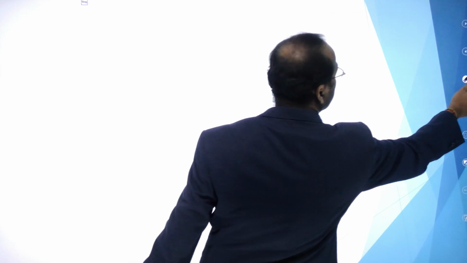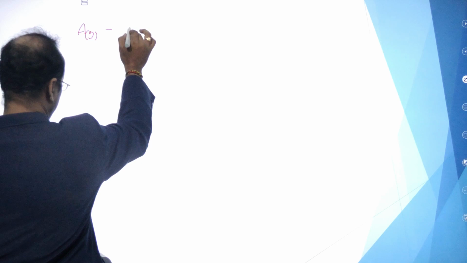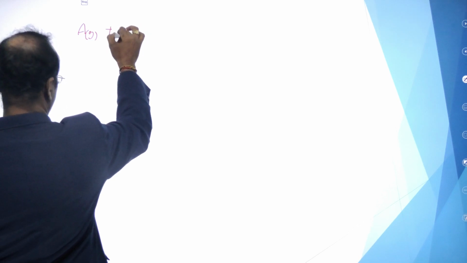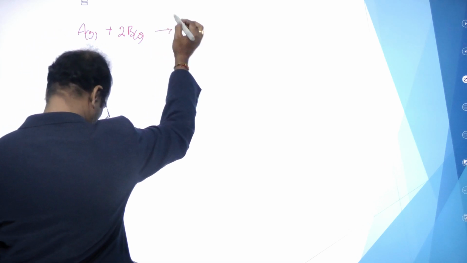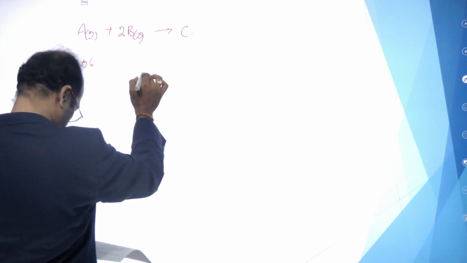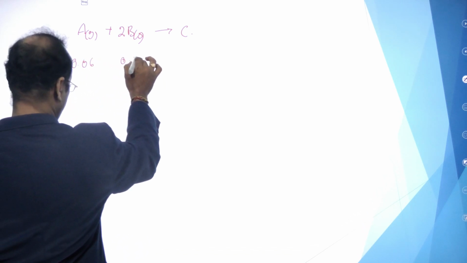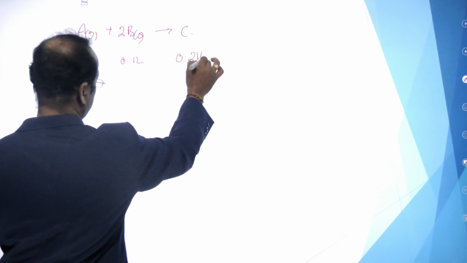Second and third problem, no? So here, the equation is given: A, a gas, plus 2B gives rise to C. The concentration of A is given as 0.06, the concentration of B is 0.12, and the concentration of C is 0.216, correct?